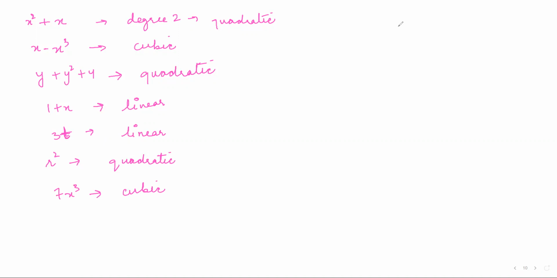And if I want to add the name according to the number of terms, so this is having 2 terms. So this is binomial, right? So this is quadratic and binomial. Understood? Similarly, this is cubic and binomial. I mean, it's not asked, but I'm just telling you. So this is quadratic, but it is a trinomial. Is that okay?